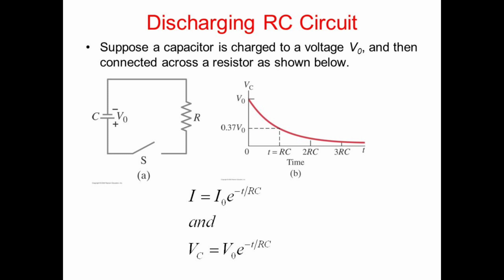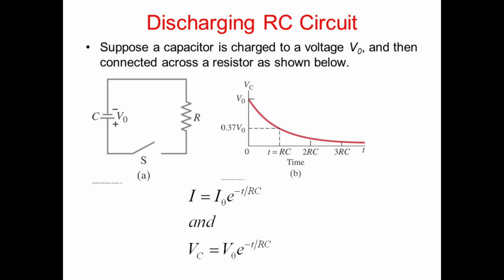So current is decreasing, and in the second scenario, when the circuit only has the charged capacitor and the resistor, what happens is the resistor is actually taking the energy stored in the capacitor.